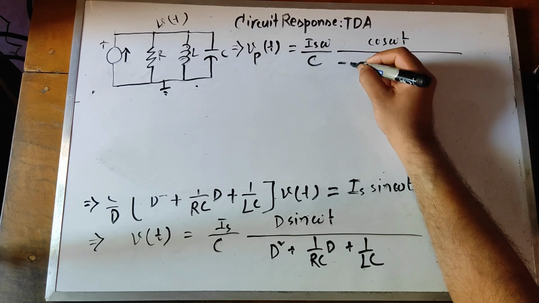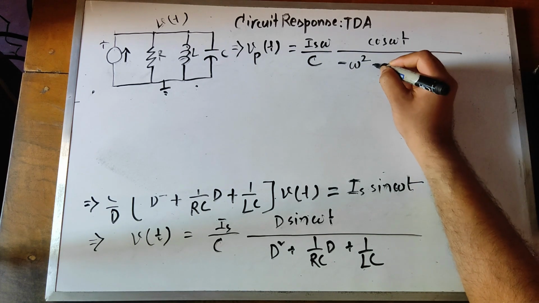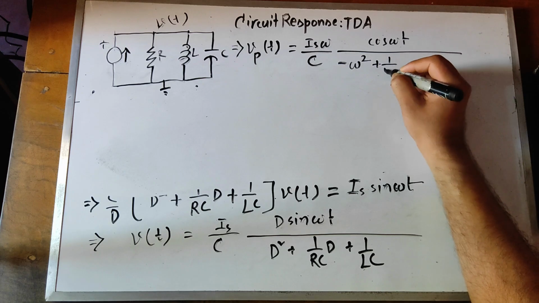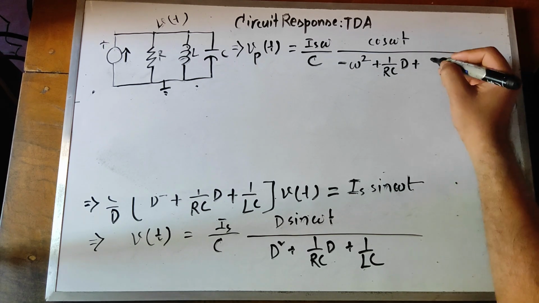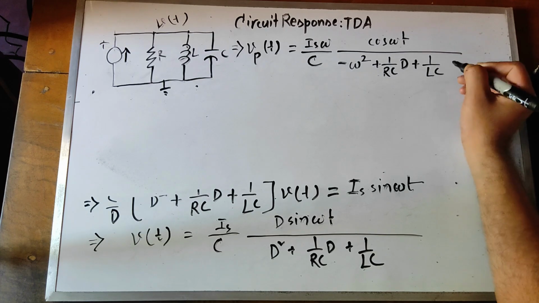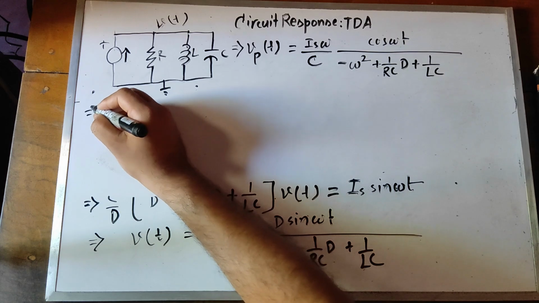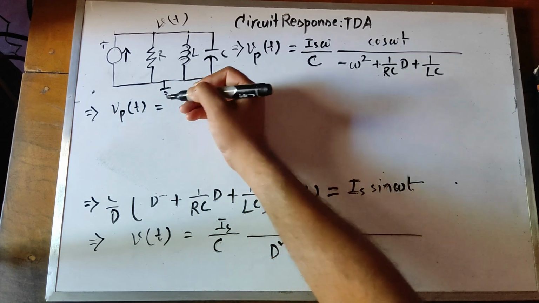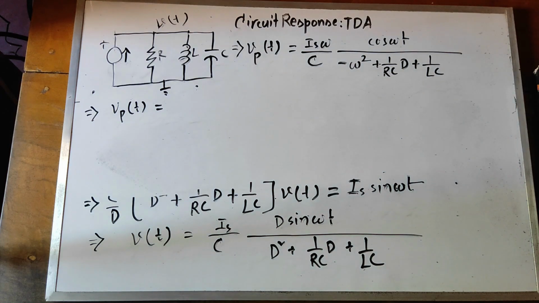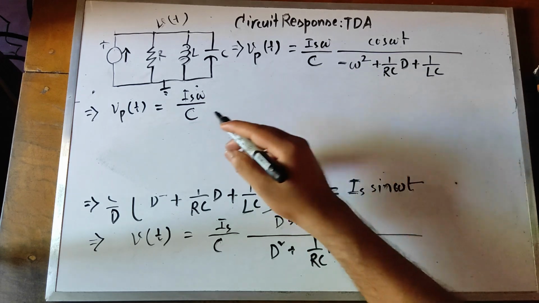So this is minus omega squared plus 1 by RC D plus 1 by LC. So the particular solution of the voltage response is I_s omega by C.